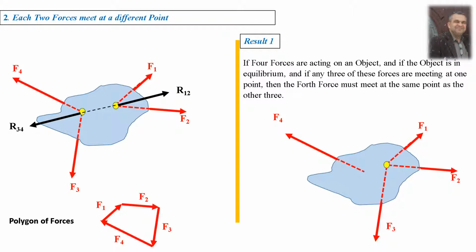It means the equilibrium cannot be achieved, and this will be a wrong equilibrium. The force must pass through the same meeting point. Otherwise, the equilibrium cannot be justified. Vector notation is fairly easy, the same as before: vector F1 plus vector F2 and F3 and then F4 equals 0.